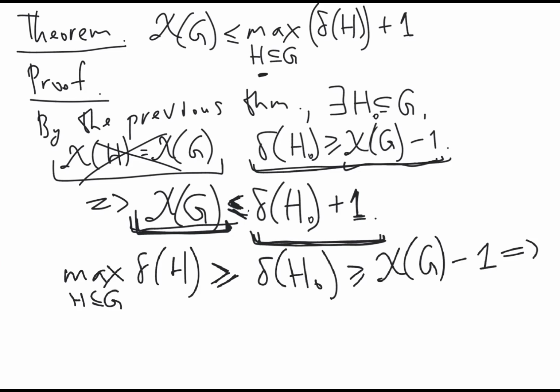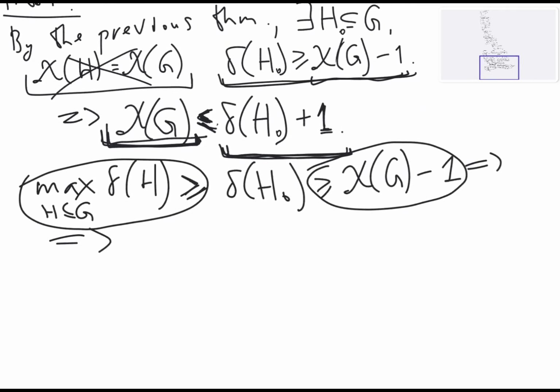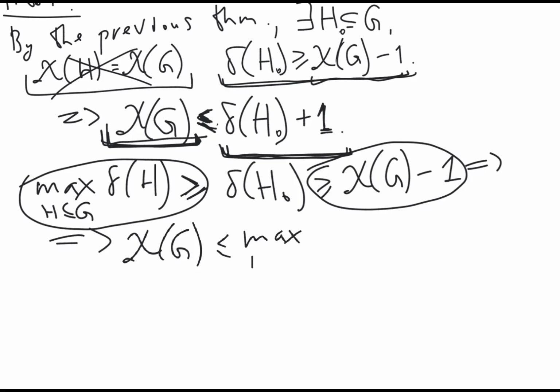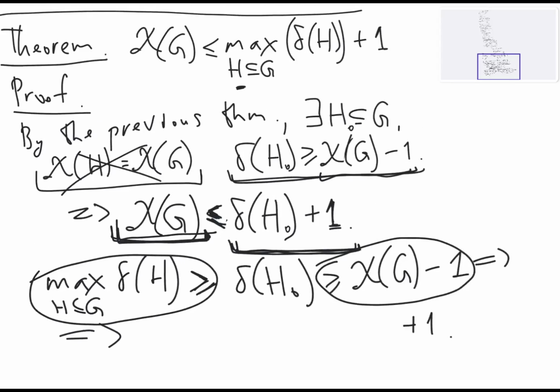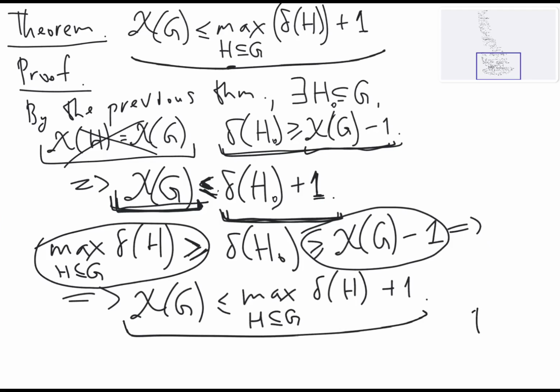And from this, looking at the beginning and at the end, it implies immediately that he of G is less or equal than the maximum of delta of H plus 1. Yeah, this is exactly what we needed to prove. So this concludes the proof.